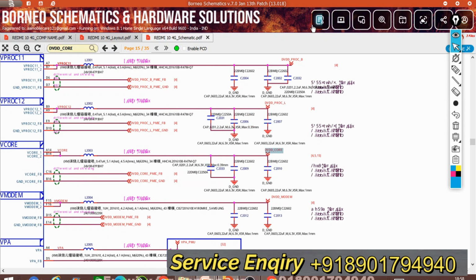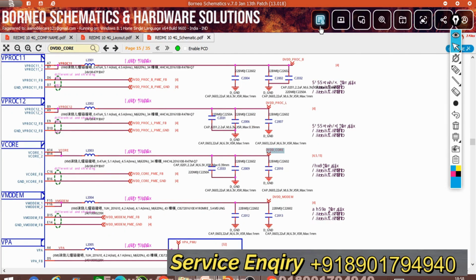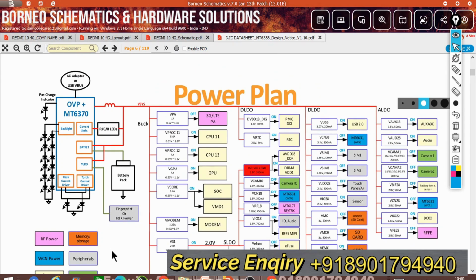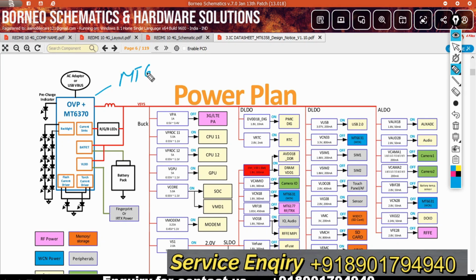Let me show you one thing also. When you go to the Borneo, now look at this chart. This is called a block diagram. Your USB adapter or the battery power source is connected to this IC called NT6370. This IC works as an OVP and also as a backlight for the light section.